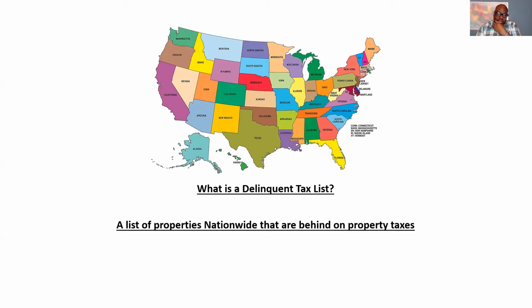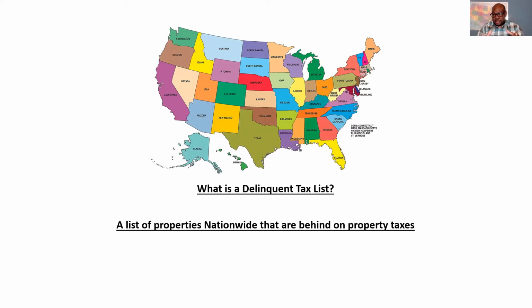Once a property is behind on taxes, over a period of time, it can be 3 years, 5 years, seven, whatever the county's rules are, that property goes to tax lien or tax deed sale, essentially tax foreclosure, right?